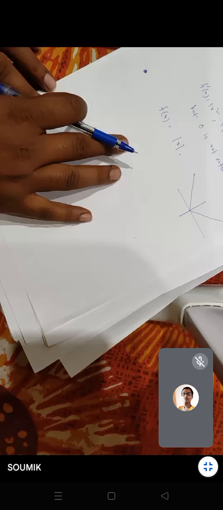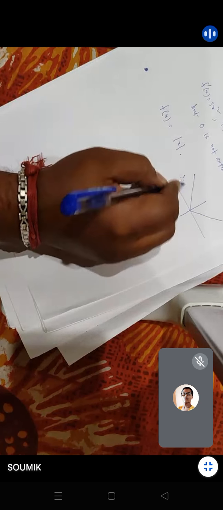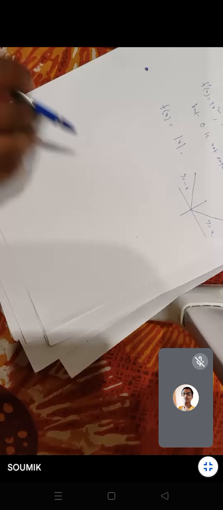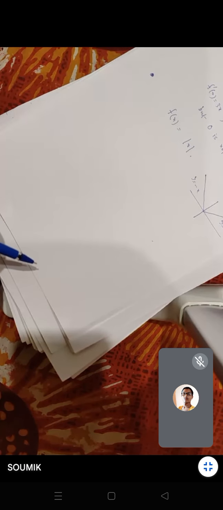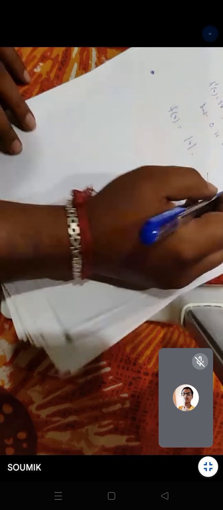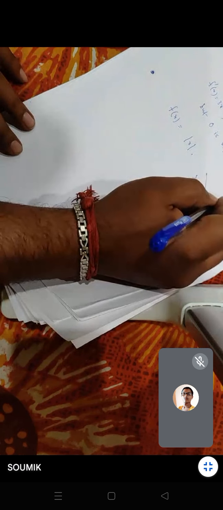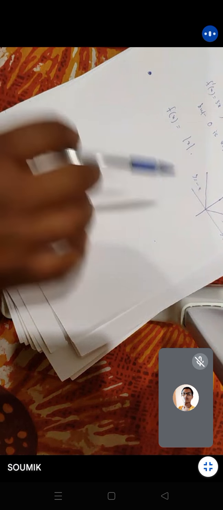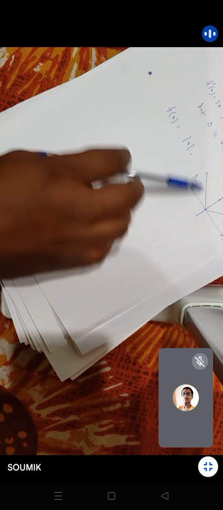This is y equals minus x, y equals x. This is the y axis, this is the x axis. So y is f(x) equals mod x.